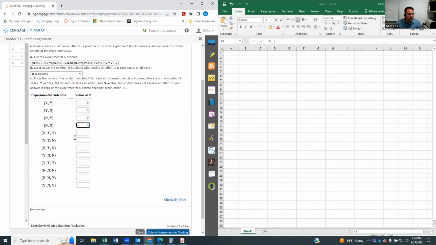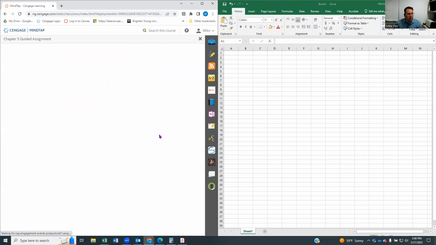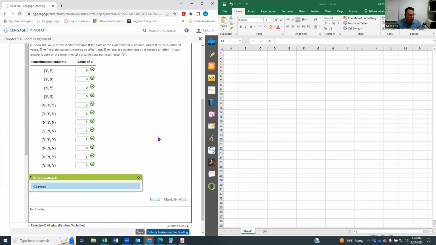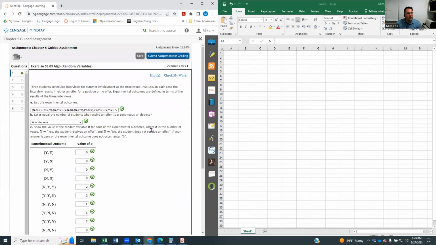And then on all the others, we're just going to count the number of yeses, and that will be the value of X. So there's 2 on that one, 2 on that one, 1, 1, 3, 0, 1, and 2. Check our work, and voila, all green checks. So we feel pretty good about that.